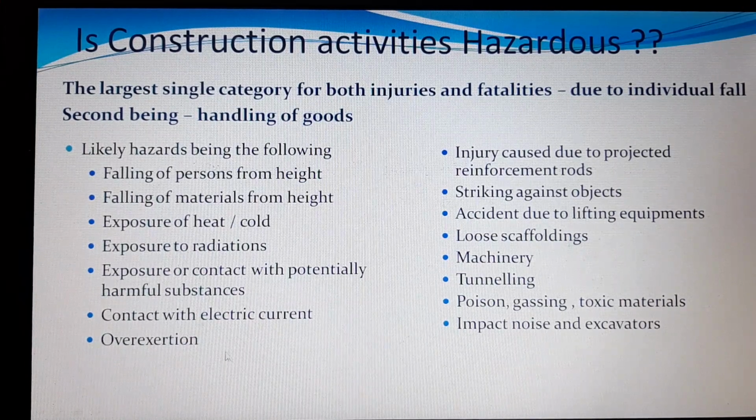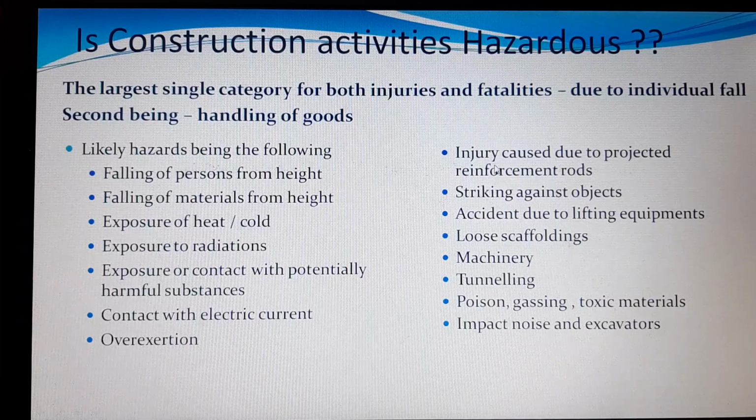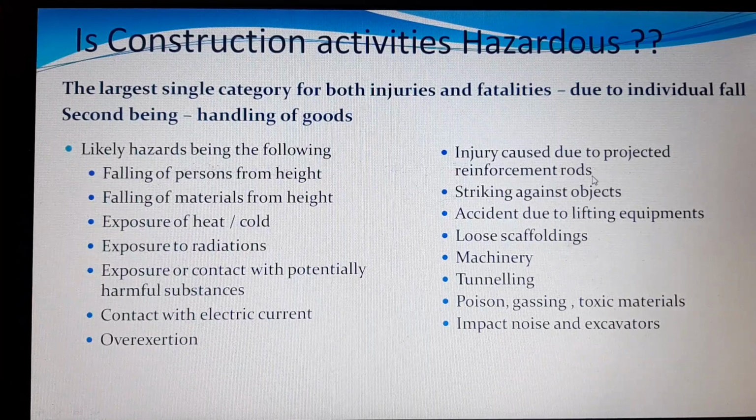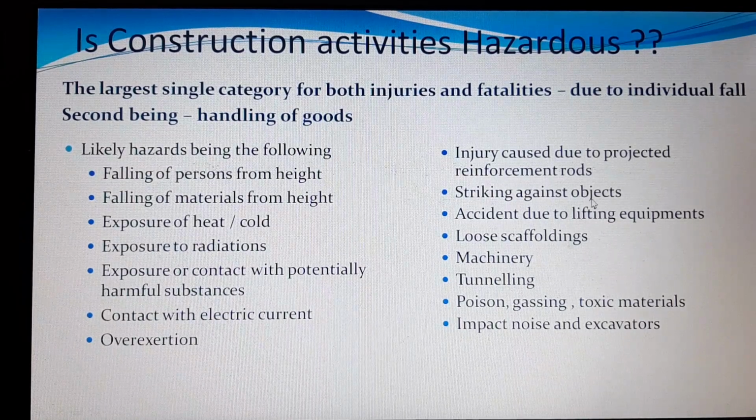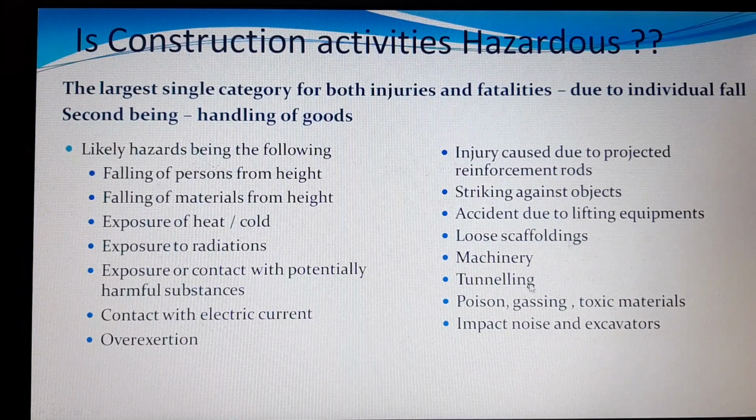First, falling of persons from height, falling of materials from height, exposure to heat or cold conditions, exposure to various radiations, contact with potentially harmful substances, contact with electric current, overexertion, injury caused by projected reinforcement rods, which is inevitable in many of our construction sites, striking against objects, accidents due to lifting equipment, loose scaffoldings, machinery, tunneling.